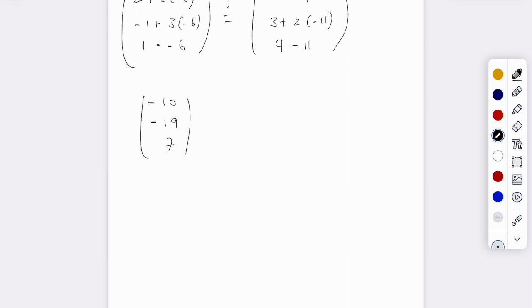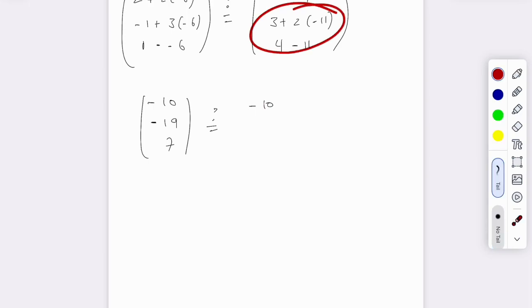And 1 minus 6 is -5. And here, what we get is -10. 3 minus 22, -19. 4 minus 11, what does that give you?